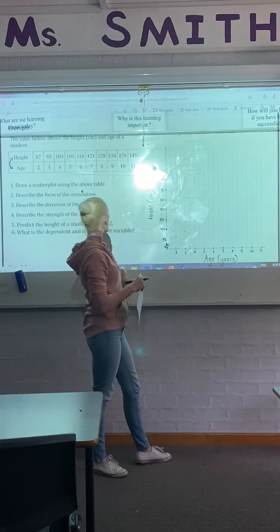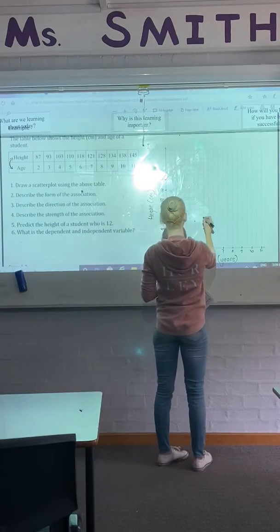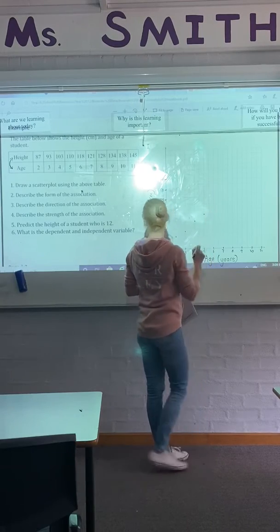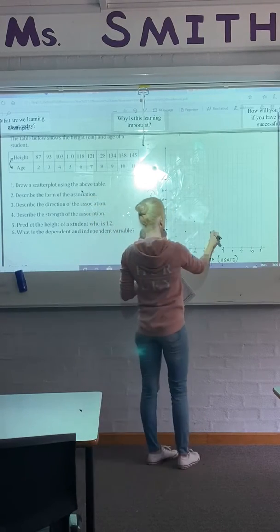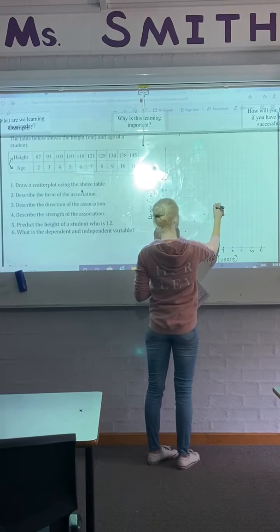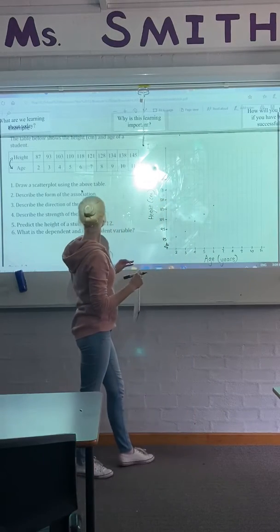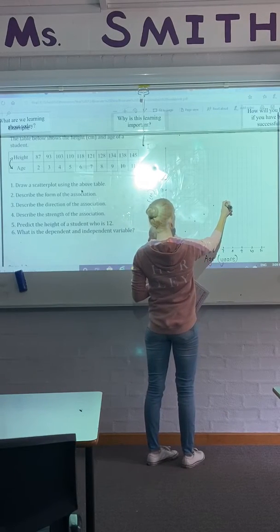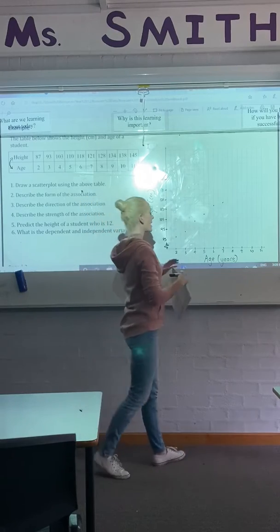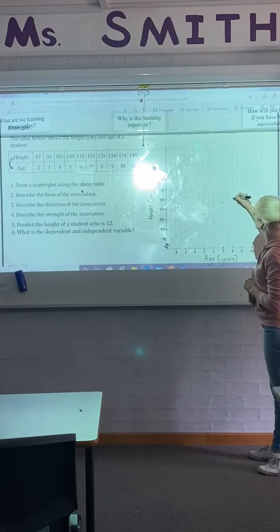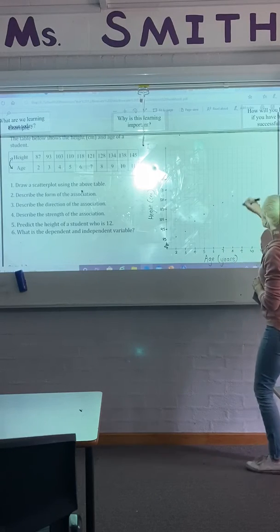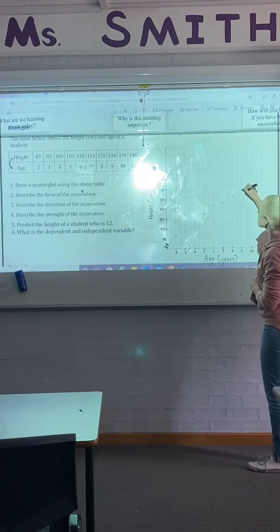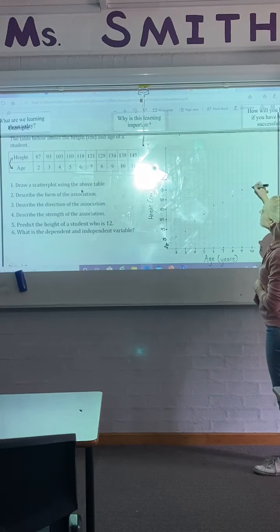We had someone who was 5 and they were 110 centimetres tall. 6 is 118. 7 is 121. 8 is 128. 9 is 134. 10 is 138.